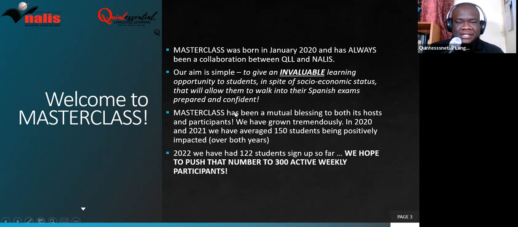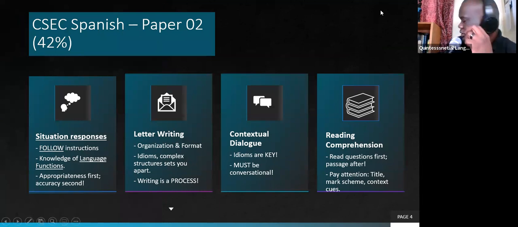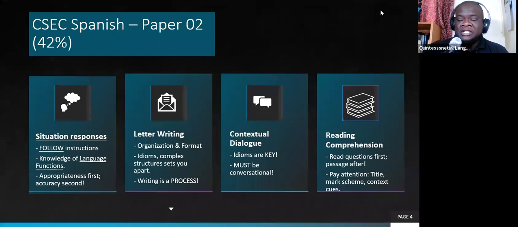So we'll be looking, as I said, at the CSEC Spanish Paper 2 today. And as you see here, the Paper 2 comprises 42% of your total mark towards your CSEC Spanish exams, right? And as we know, there are 3 papers or 3 exams that you'll be writing. There's Paper 1, which is the listening exam / reading comprehension.